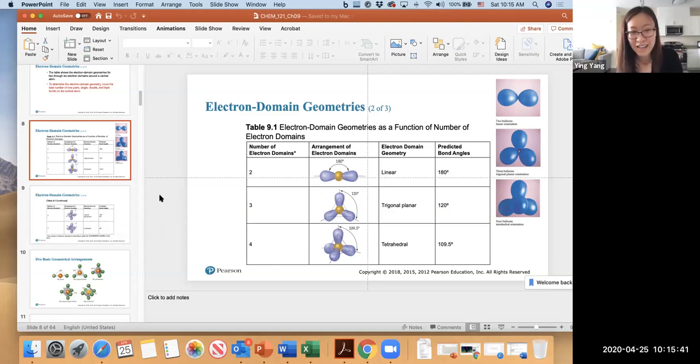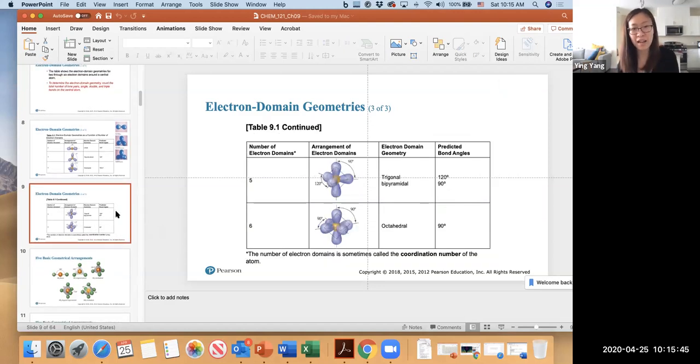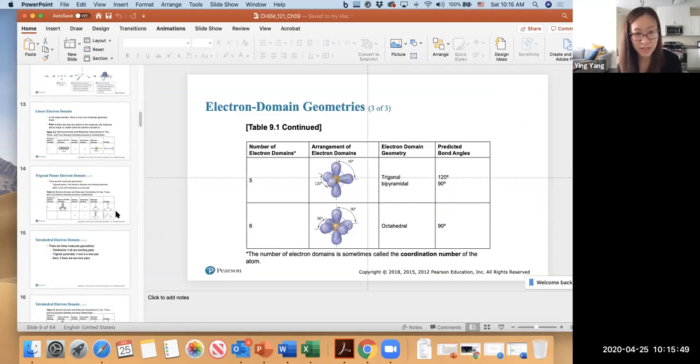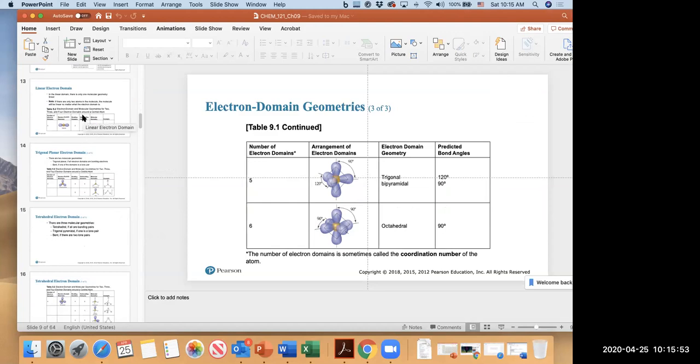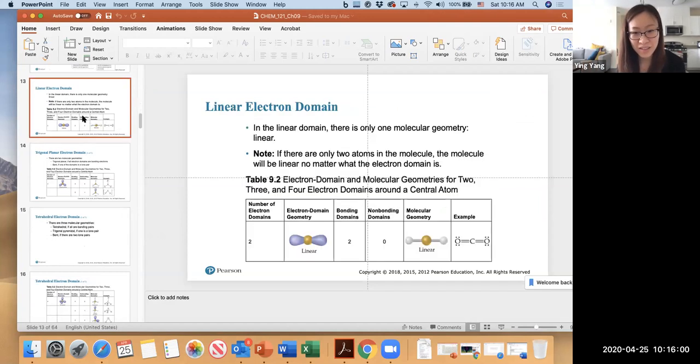Yeah, so this is the table to do that. And then this is an electron domain geometry. From electron domain geometry, you can predict the molecular geometry, which only accounts for those atoms bonded together to form a molecule. This table shows you different molecular geometries that can be derived from the electron domain geometry.